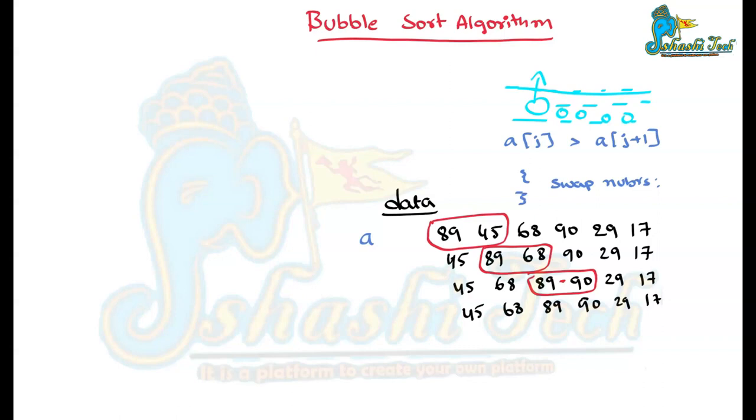Then again apply the logic to the next two adjacent numbers, that is 90 and 29. Here you can see that 90 is greater than 29. We need to swap it now. And we shall write the remaining elements as they are.